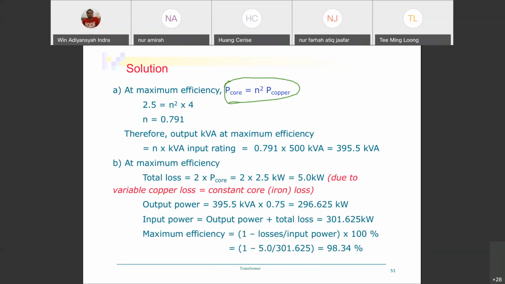P copper is also given, 4. So you have the fraction n, small n, 0.795, right? So the output is to multiply n with the kVA, with 500. So you have 395.5, right?